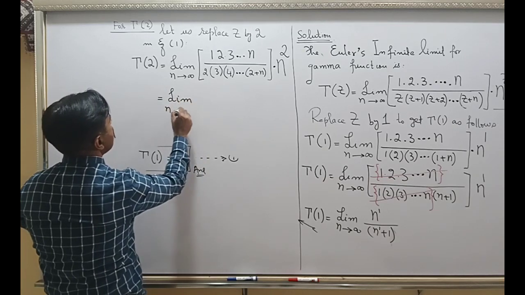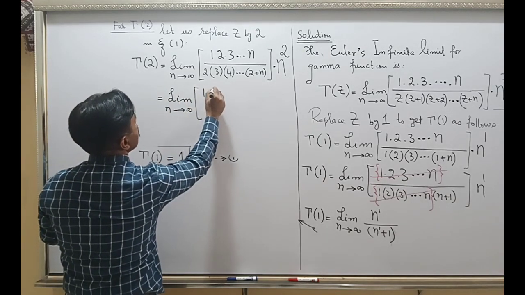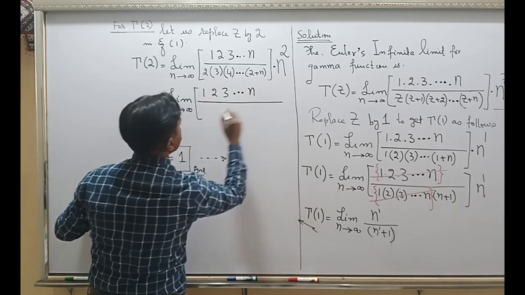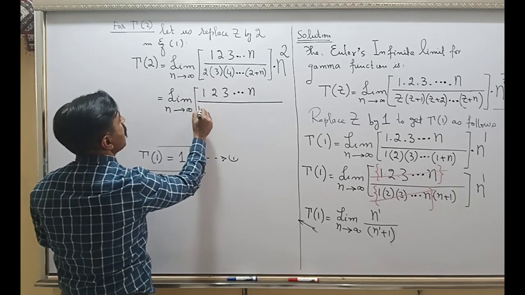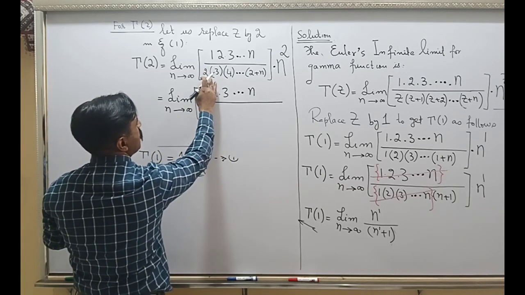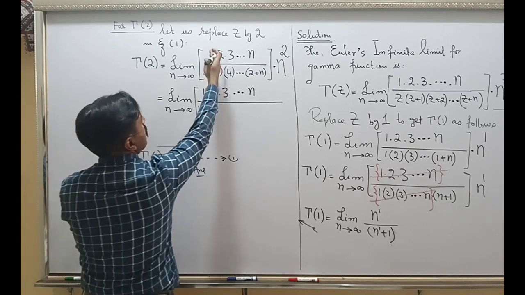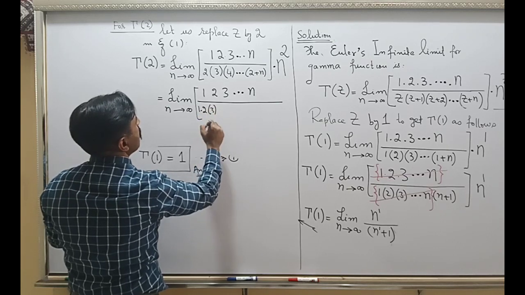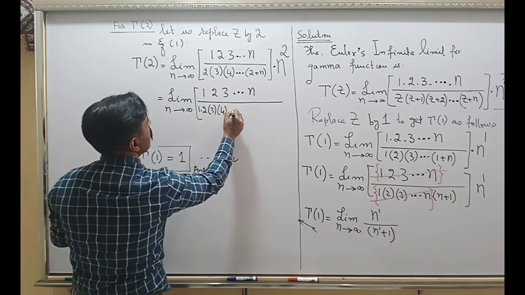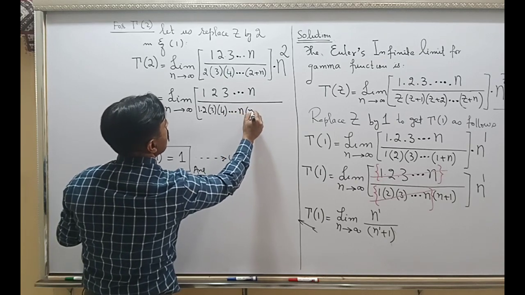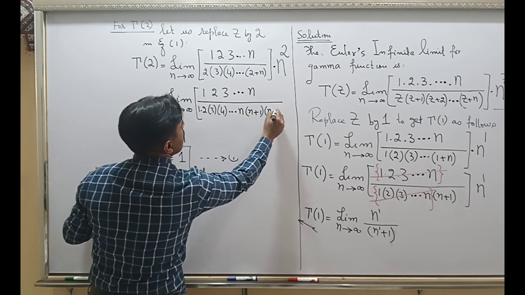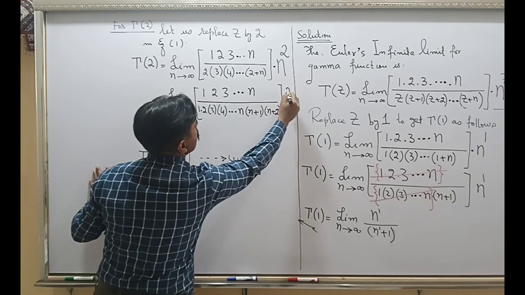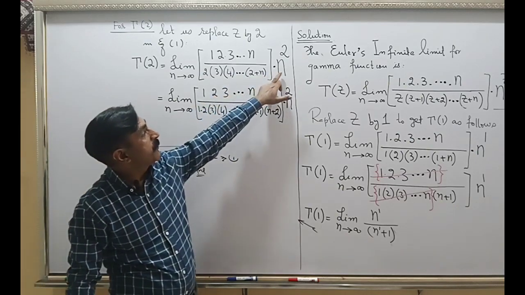Limit n approaches infinity, 1 into 2 into 3 dot dot dot n over, there is no 1, you can multiply with 1 also, so that the denominator is possible to be made similar to the numerator. 1 into 2 into 3 into 4 dot dot dot n into n plus 1 into n plus 2, and this is n to the power 2, same as in the upper step.